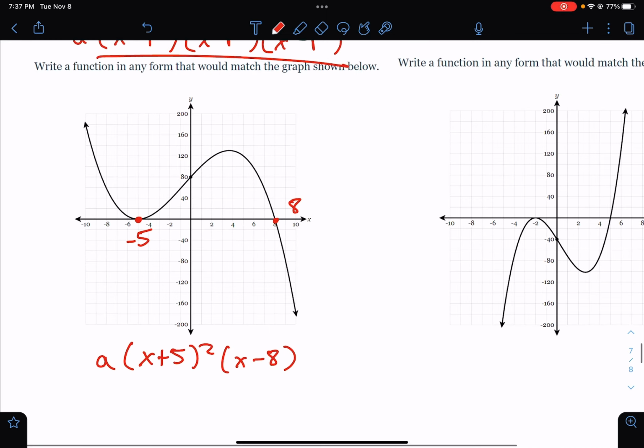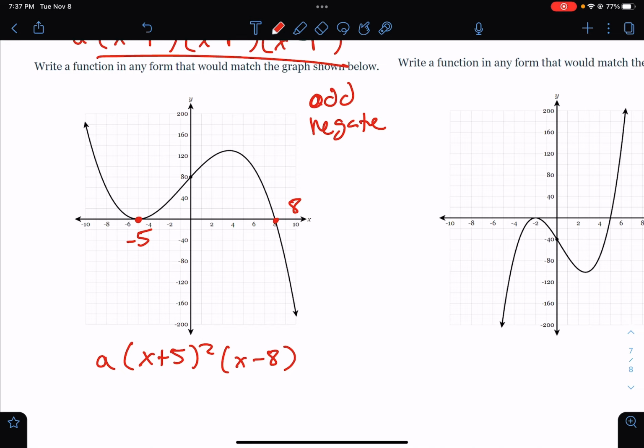Now, from looking at this, we should be able to tell just by looking at it if our a value is going to be positive or negative. By looking at this graph, I can tell that this is going to be an odd degree, which is what we got here. We have a degree 3. And the coefficient is going to be negative, all right?